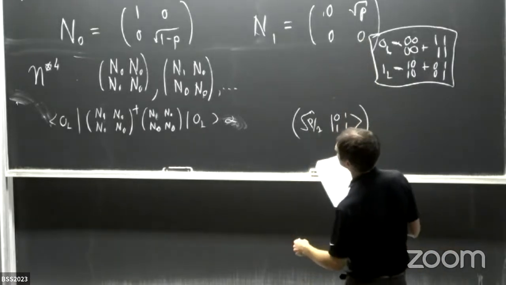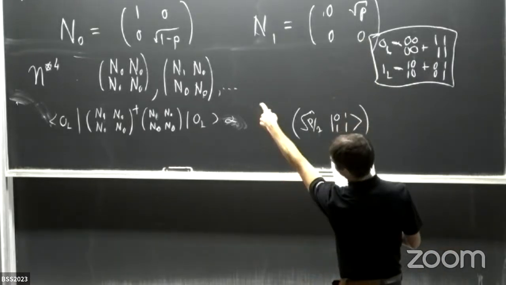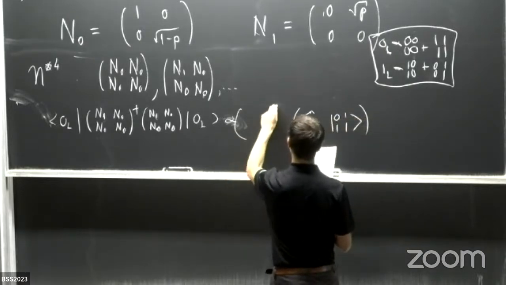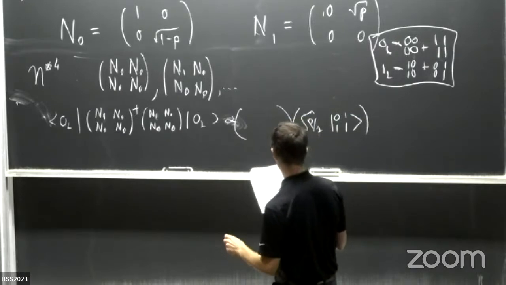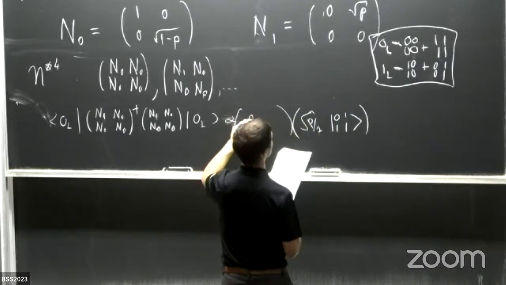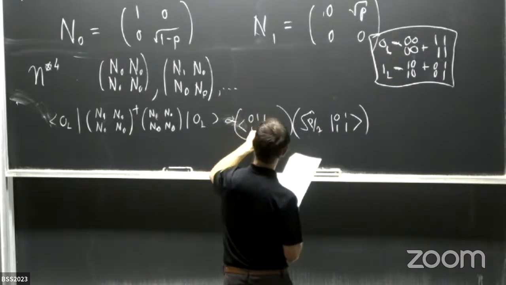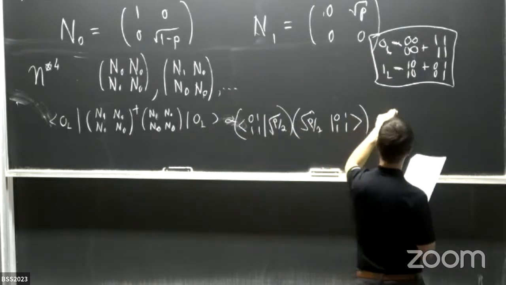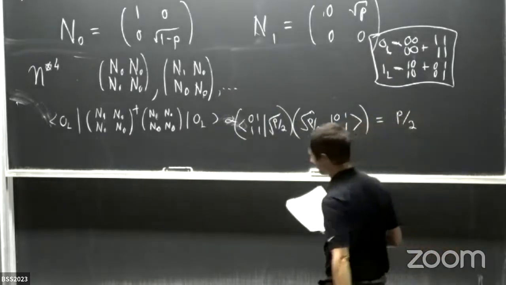And then there's probably a few 1 over minus p's, I don't care. And then this one just gives you the same thing. And this is otherwise known as p over 2.